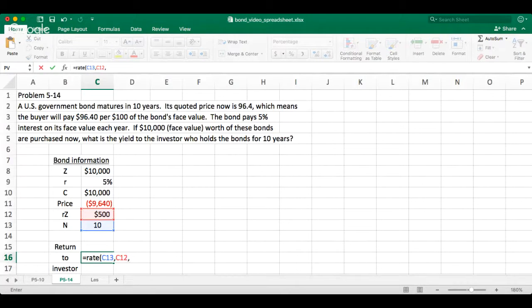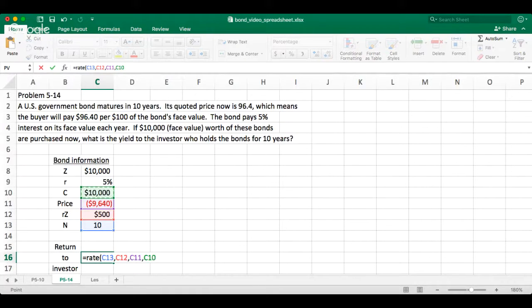The present value is the purchase value of the bond. And the future value is the value we get at the end. In this case, it's Z, the face value of the bond, because the bondholder kept it to maturity.